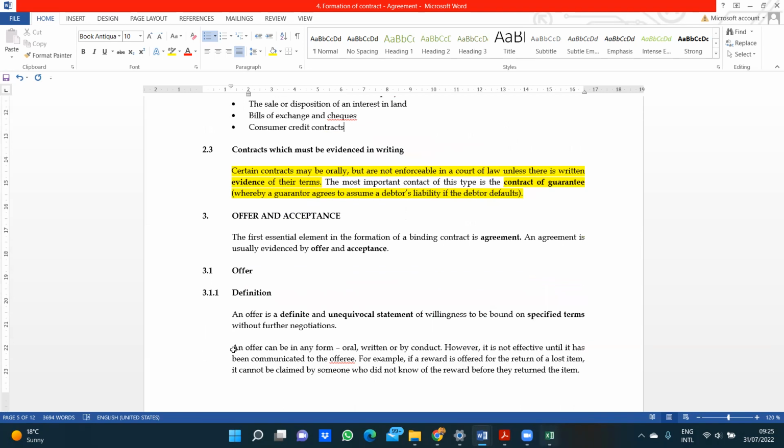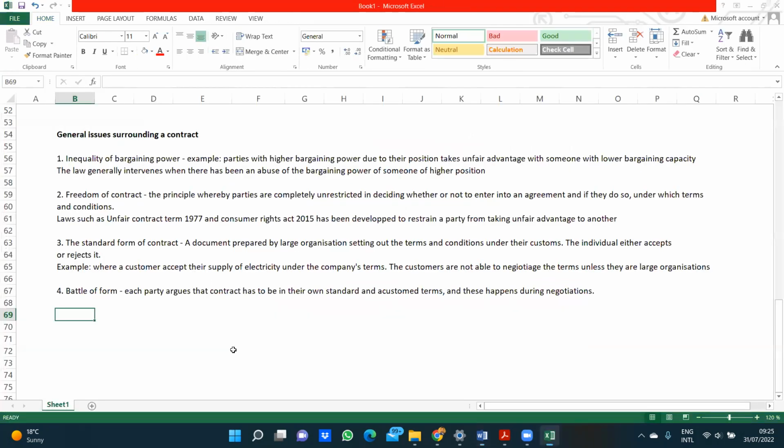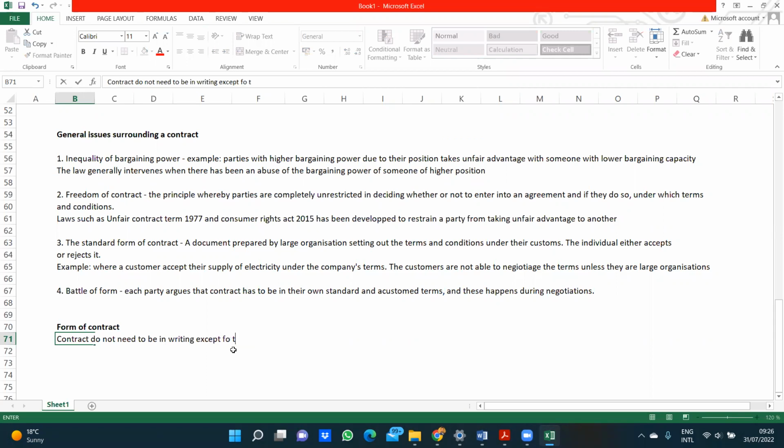So here, form of contract. Contracts do not need to be in writing, except in the following circumstances.